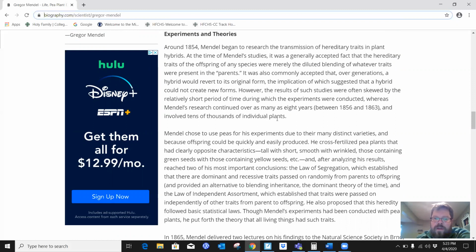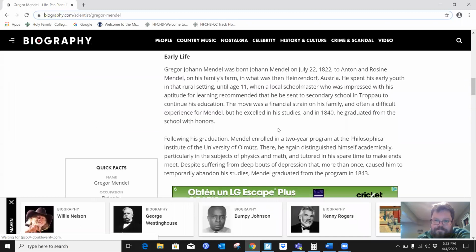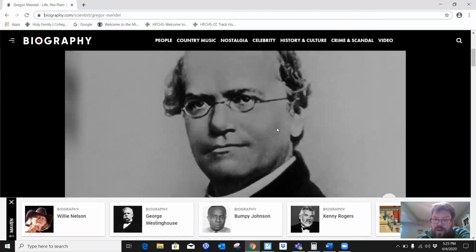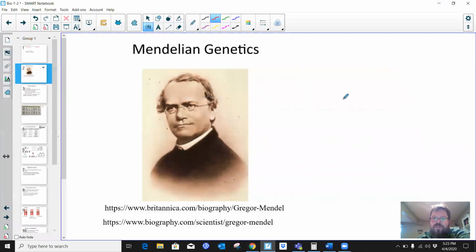And what comes out of this are these basic laws that we're going to talk about today that really are still guiding principles for how we understand genetics and heredity and how different characteristics are passed from one generation to the next.